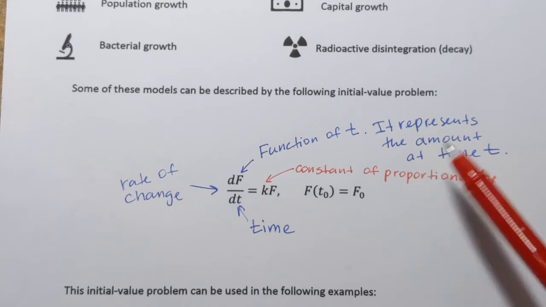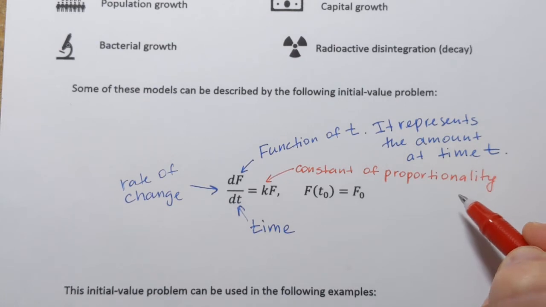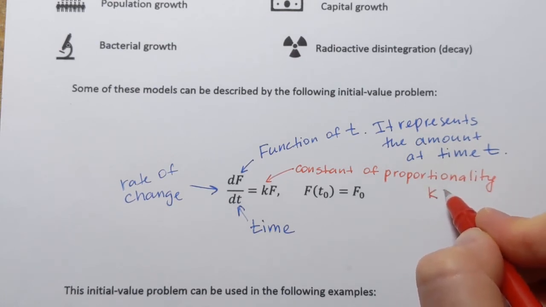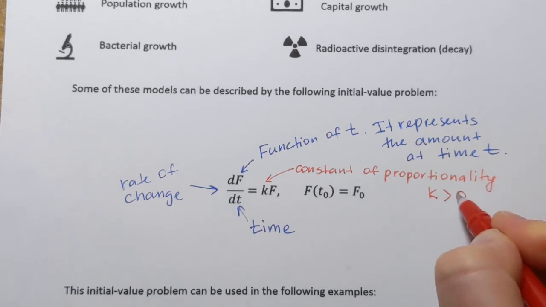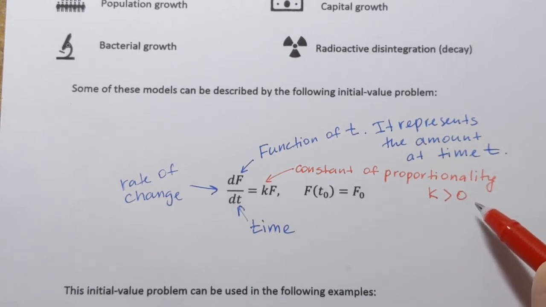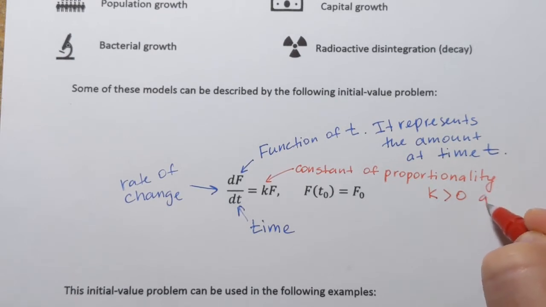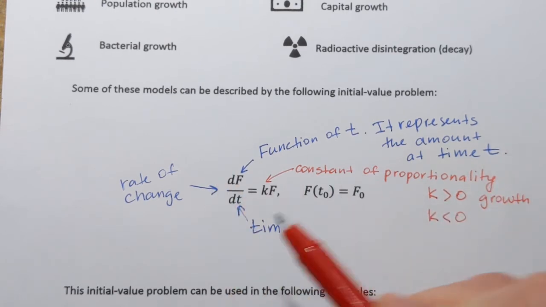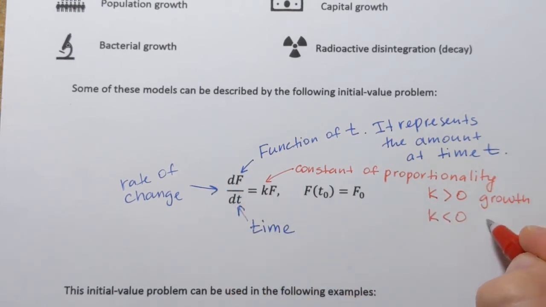But in general, we can say the following: k can be either a positive or negative number. When k is positive, then for that situation, the model will represent a growth model. And then when k is negative, that will describe a model that has decay.